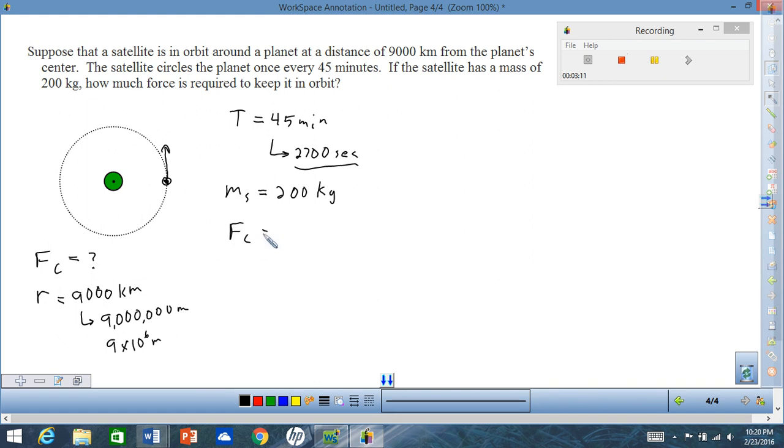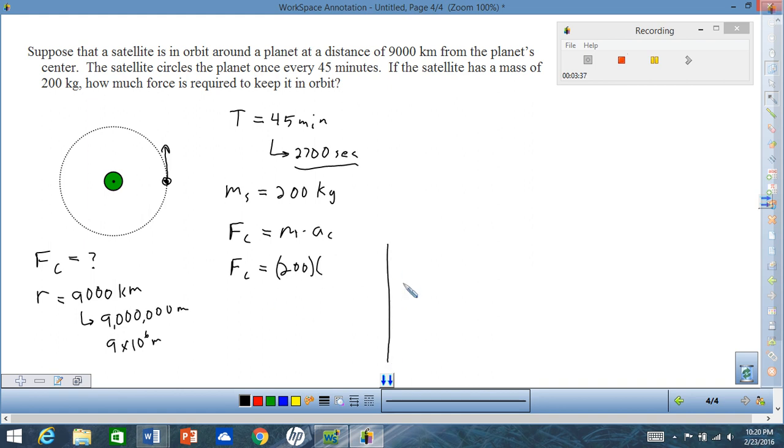All right, well, we're actually asked for Fc, so let's write that down. And the way that we'll calculate that, that is going to be the net force on the object. So just as F net is equal to mass times acceleration, the centripetal force is equal to mass times its centripetal acceleration, m times ac. All right, so you see that Fc is equal to 200 times, and then we realize we don't have a value for ac.